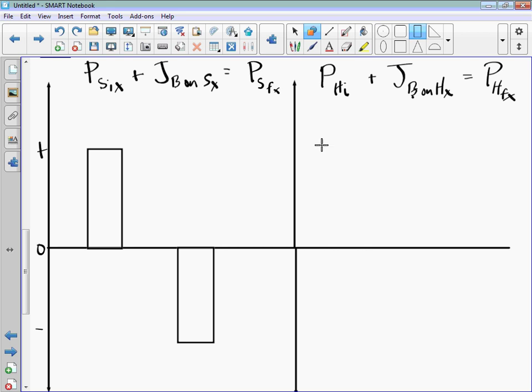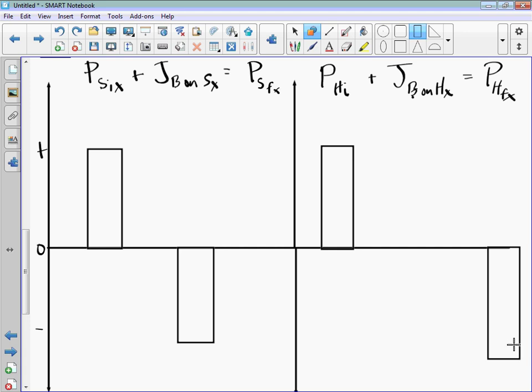The happy ball has that same initial momentum, but it ends up going the same velocity in the opposite direction. So it has the same size bar, but in the opposite direction.